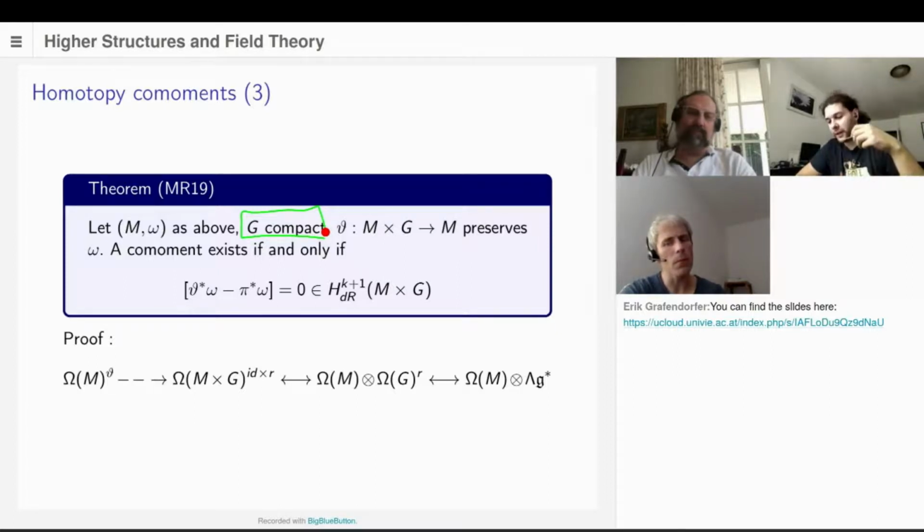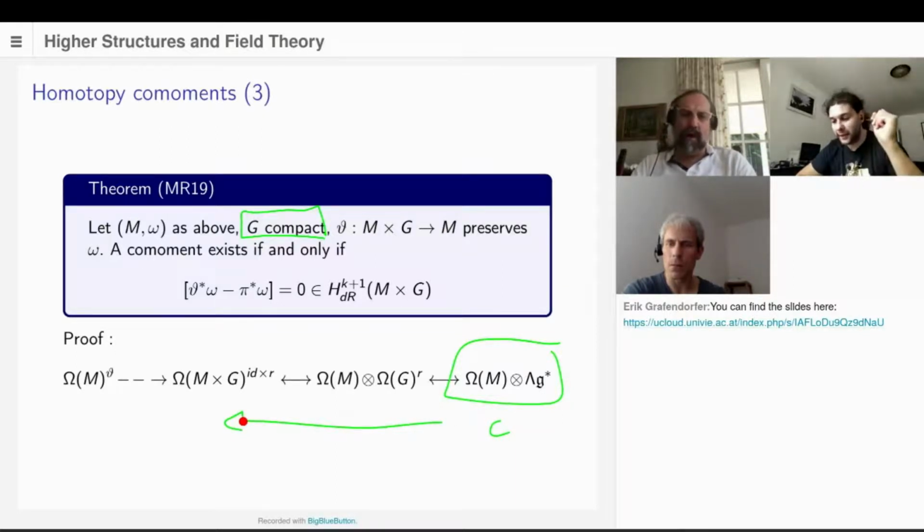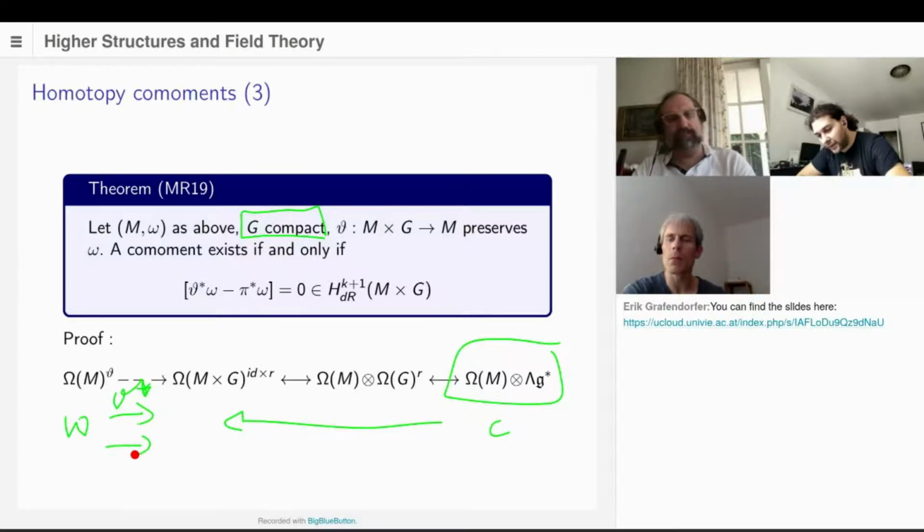We have a compact Lie group acting on the manifold, preserving the multisymplectic form, and the obstruction that we have written down before translates to an obstruction that we understand very well in the de Rham cohomology of M times G. It is just the pullback of omega through the action minus the pullback of omega through the projection.